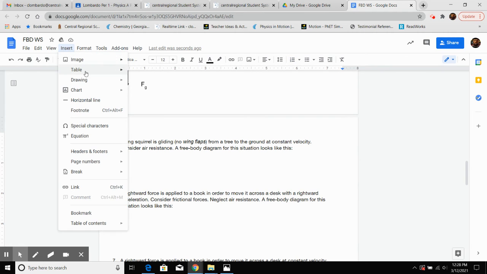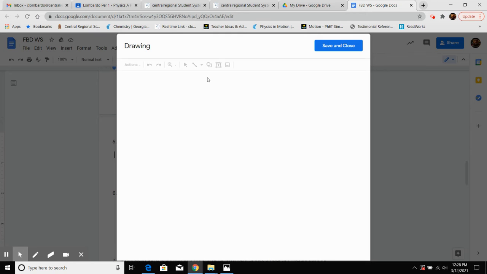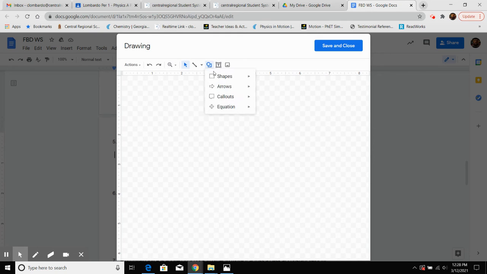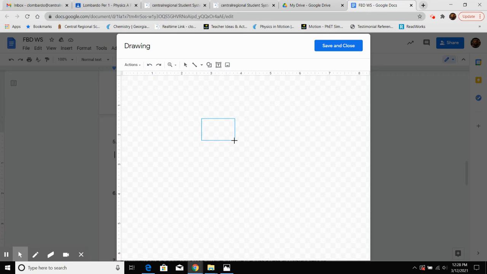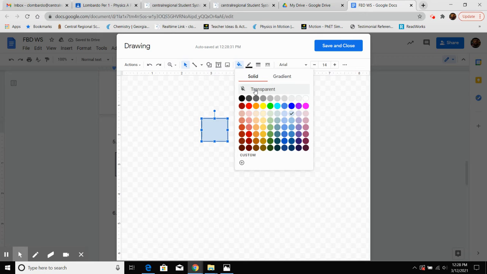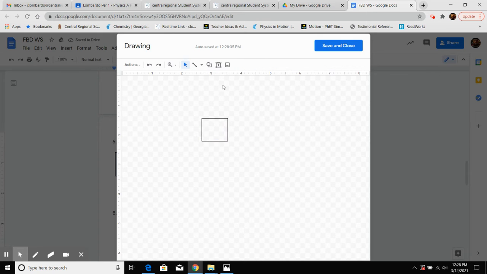So we're going to insert drawing. I'm going to start with our box to represent this flying squirrel. Make the fill transparent. Okay, next thing. Going to make our little circle in the center, or close enough.